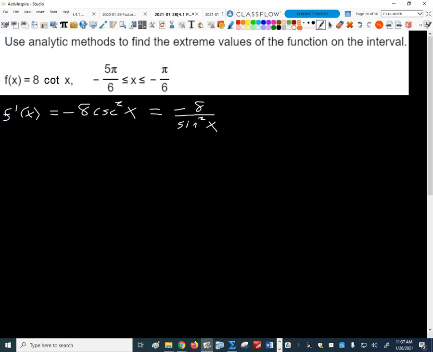Is this derivative function equal to 0 anywhere? Yes, thumbs up, no, thumbs down. Seeing lots of thumbs down. Okay, nowhere, right? Because the numerator -8 is non-zero always.